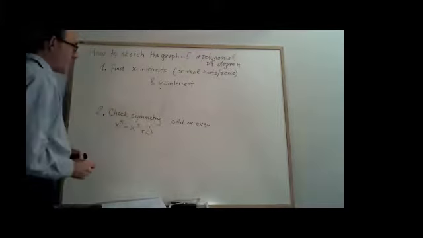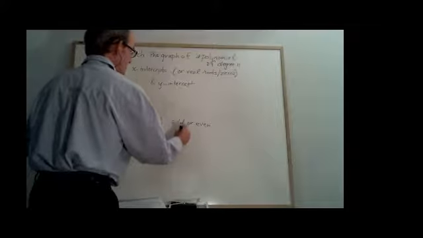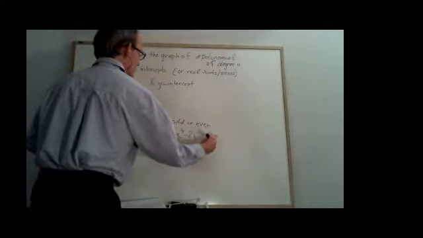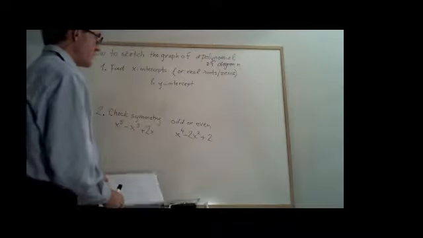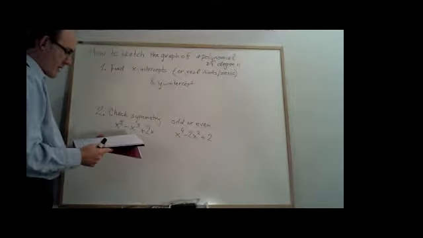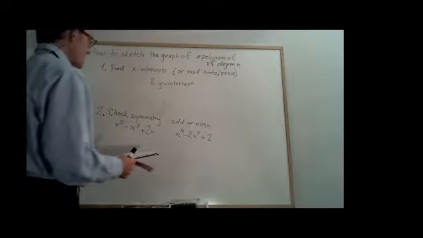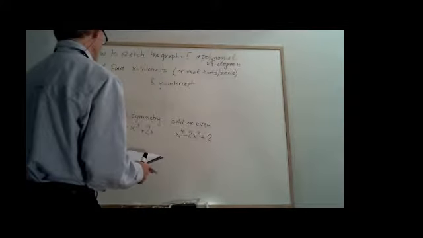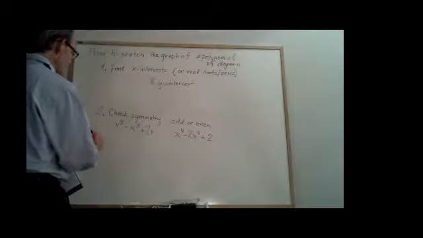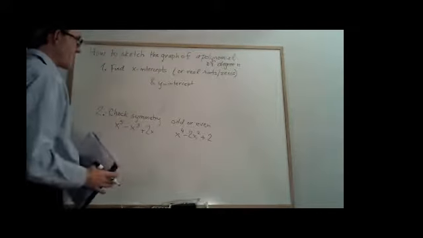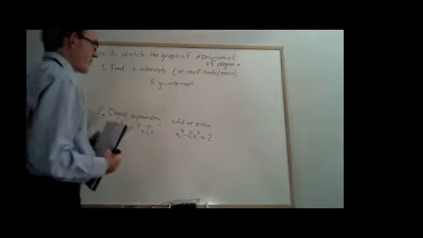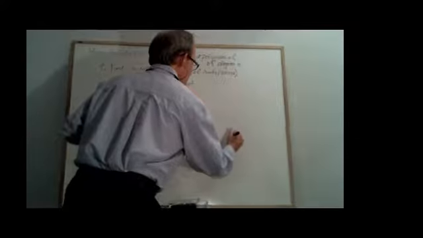So this would be an odd function, or whether they're all even, maybe like that. And the other possibility, of course, is there's no symmetry. In that case, you'll have a combination of both kinds of terms.